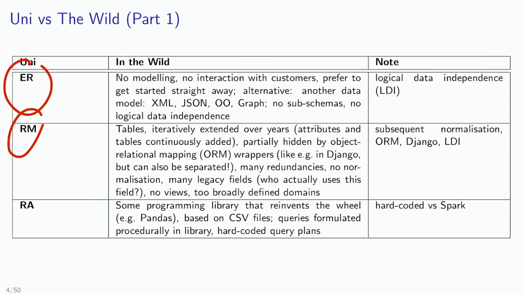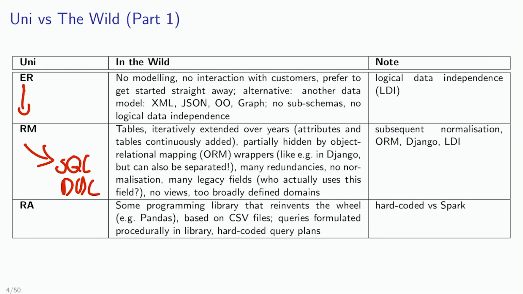So let's start with entity relationship modeling. Okay, that's the ideal world. You do an entity relationship diagram, translate it to the relational model. That's what we did. And then the relational model is translated to SQL, tables, data definition language. Create table, and so on. That is what you would be expecting. Of course, that's not always the case.